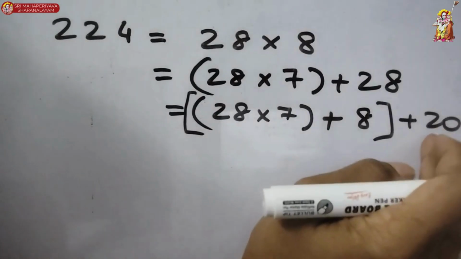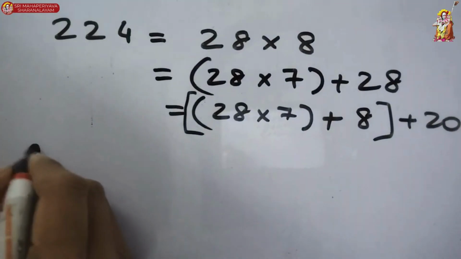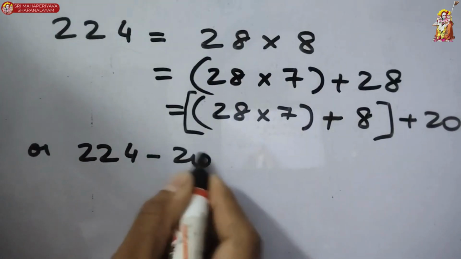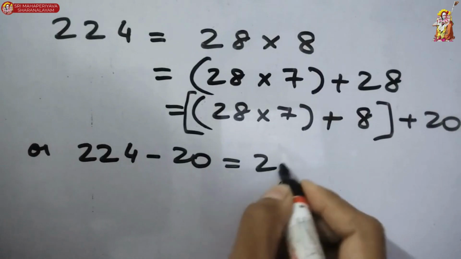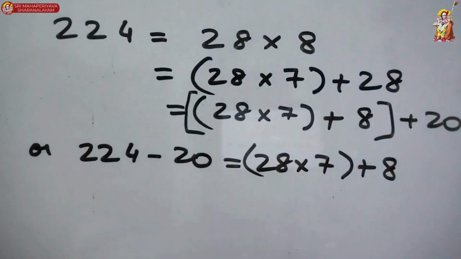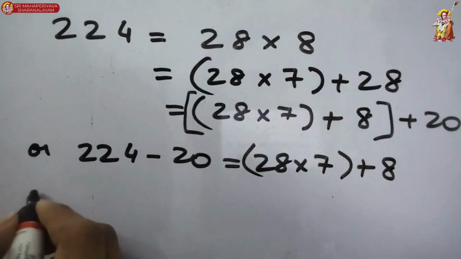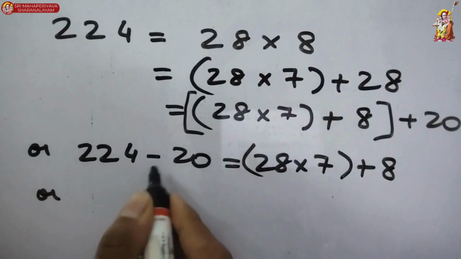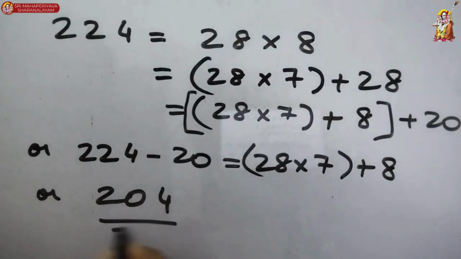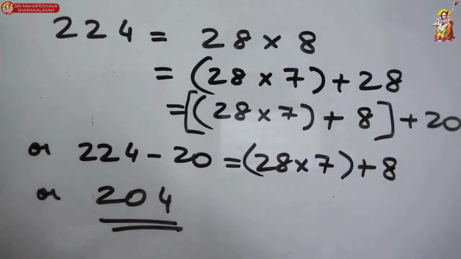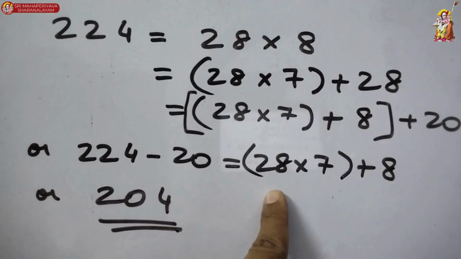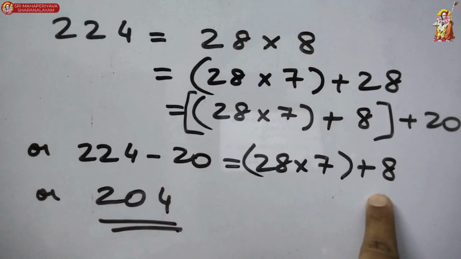Now we transfer 20 to this side. So 224 minus 20 is equal to this number, 28 into 7 plus 8. 224 minus 20 is 204, okay. So 204 is the number which when divided by 28 leaves remainder as 8.